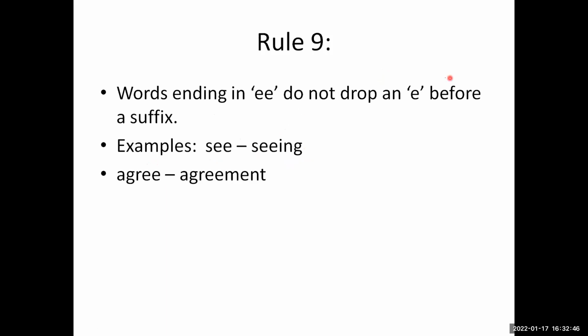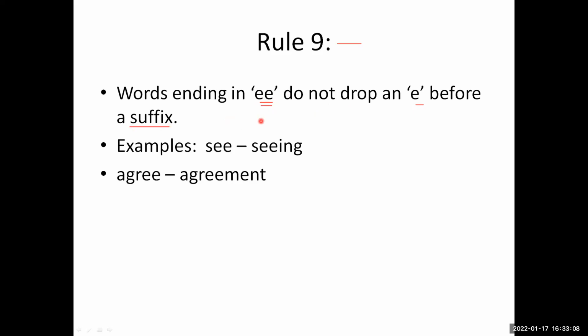Then we will go to the next rule, which is rule number 9. It says words ending in double E do not drop an E before a suffix. What happens if a word is ending with double E and there is a suffix?